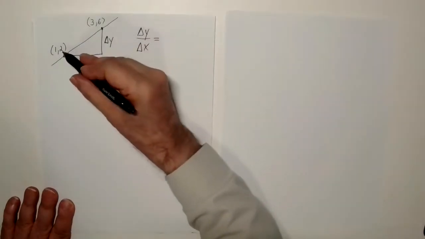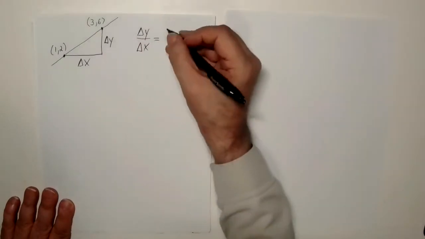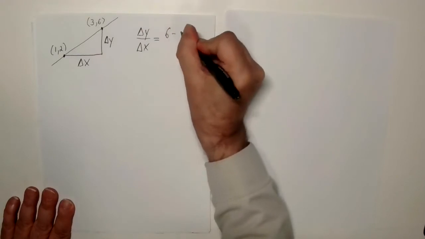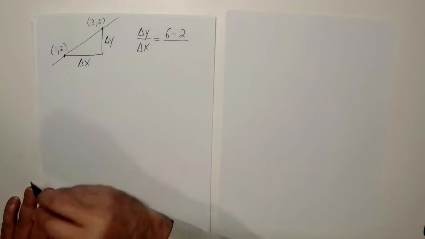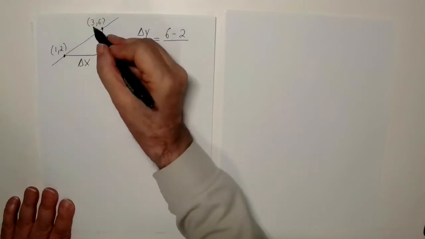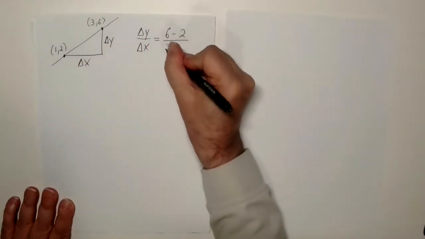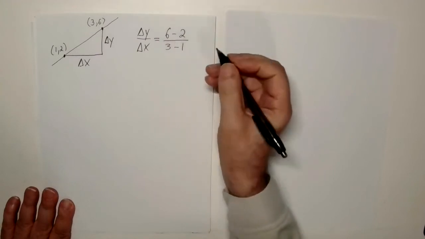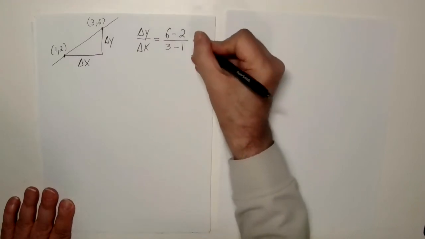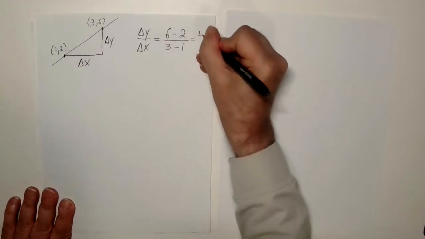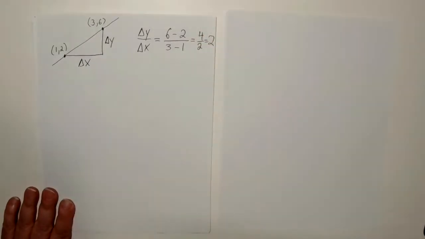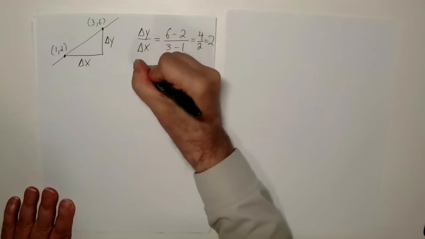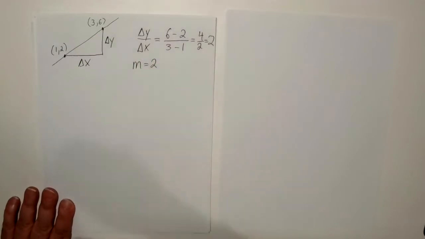Well, we go from 2 to 6, so we're going to have 6 minus 2 on the top. And for x, we go from 1 to 3, so it's going to be 3 minus 1. So delta y over delta x is going to be 4 over 2, which is 2. Okay, so m is 2, the slope.